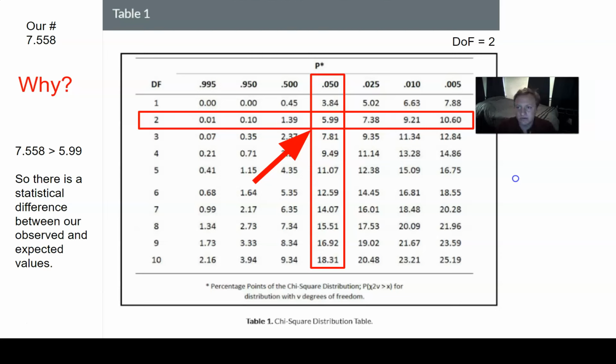I don't know what it is, but that's why this is interesting biologically. Is there some evolutionary force acting here? Is it that this particular phenotype isn't actually a Mendelian trait? That's where this becomes interesting, and that's why this test is done in biology.